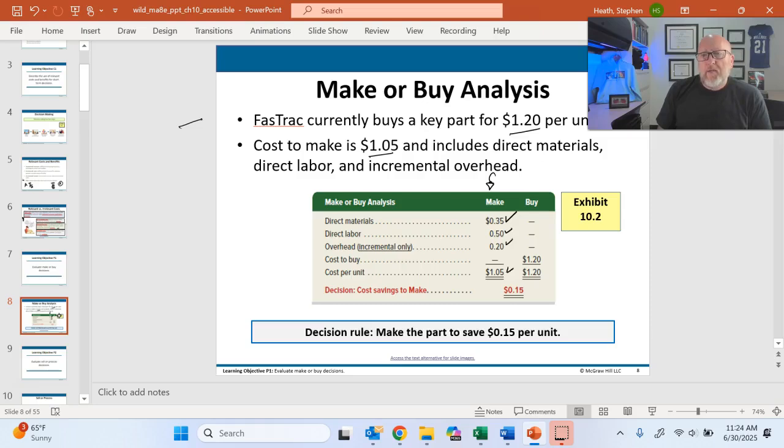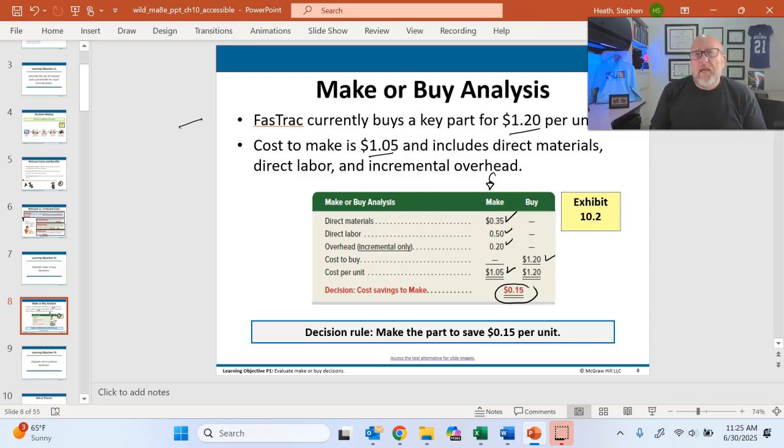So the total cost to make it would be $1.05, as opposed to buying it from somebody else, $1.20. In this particular situation, we're basically saying, hey, listen, it's going to save us 15 cents to make this in-house. And so theoretically, we should make this in-house. Okay. But what if it's the case?